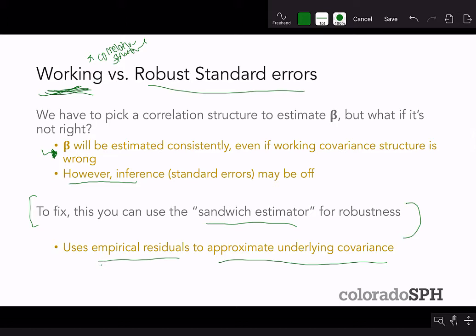And so what happens is you specify a working correlation structure, but then the GEE output will also return a robust standard error based on the sandwich estimator and your working correlation structure that will give you better estimates for your standard errors.